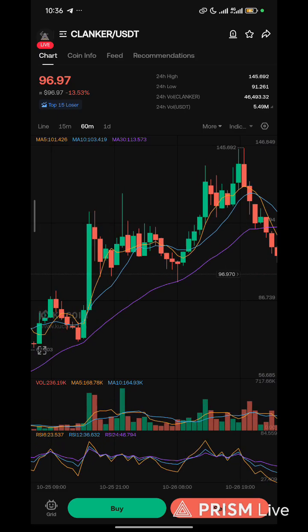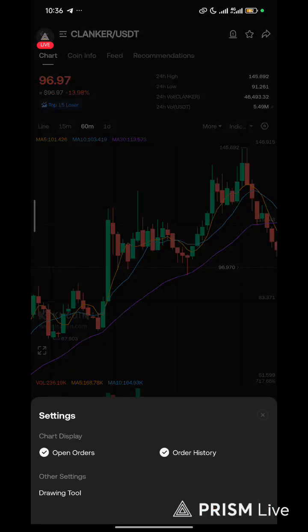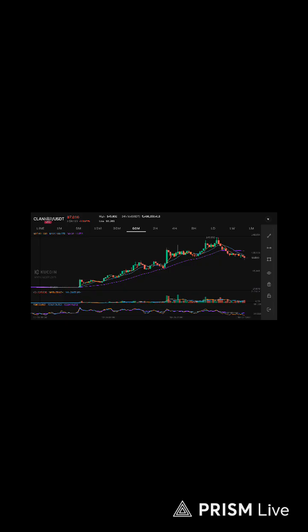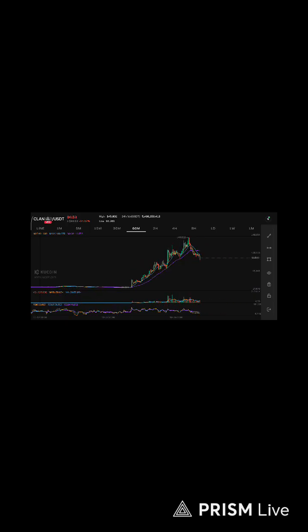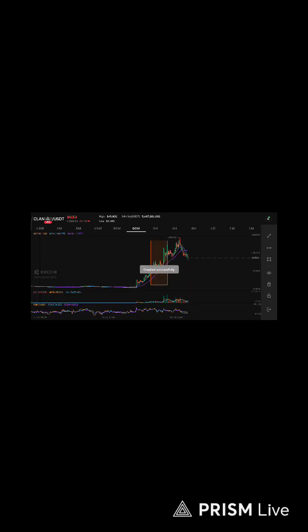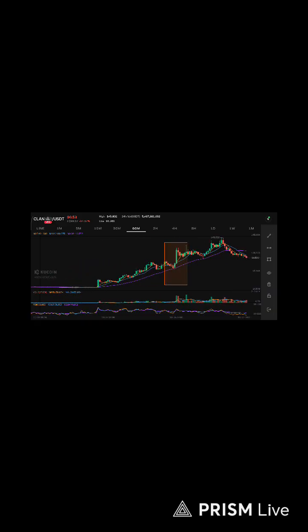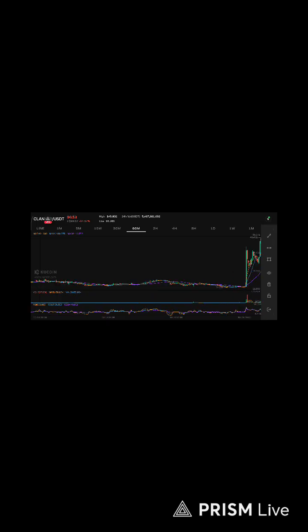Just imagine this Clanker chart. If you see the candlesticks here, the profit the person will make from this one that I've just circled, you can never compare it to the profit somebody is making from here.